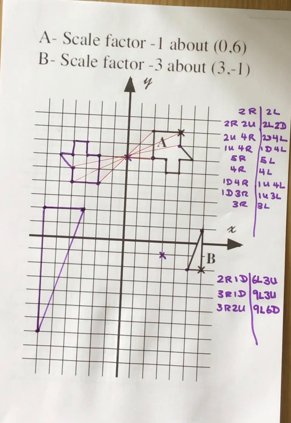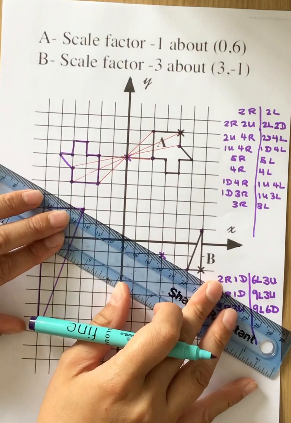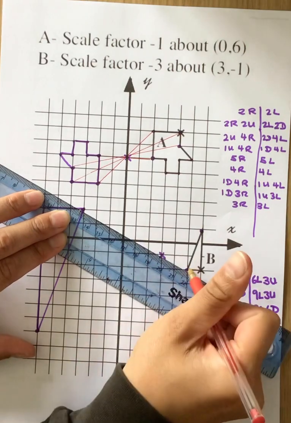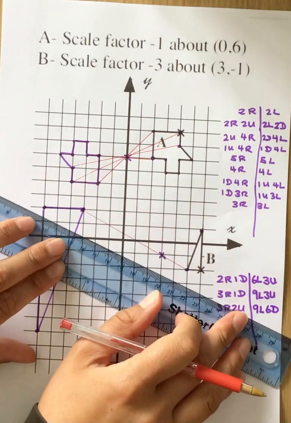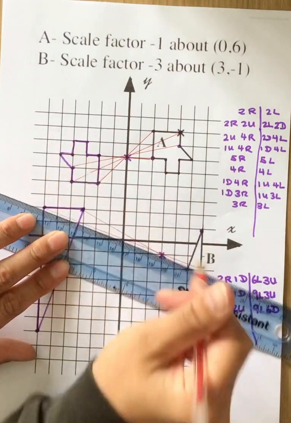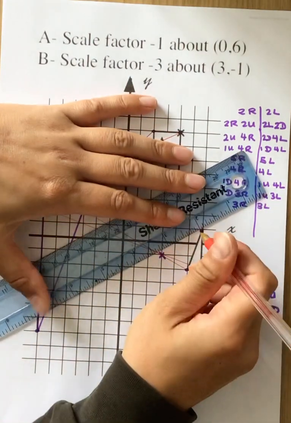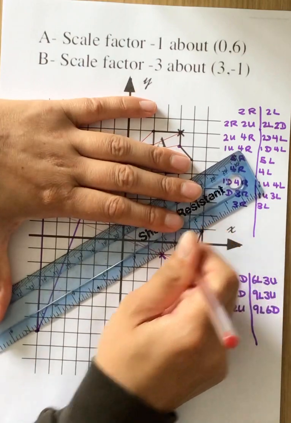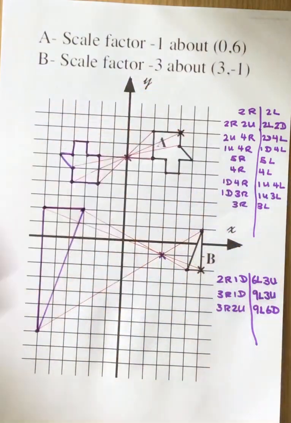And again, we can check all of our corners line up with our centre of enlargement. So if I join up these corners, they go through the centre of enlargement. My right angled corner goes through the centre of enlargement, and the other corner goes through my centre of enlargement.